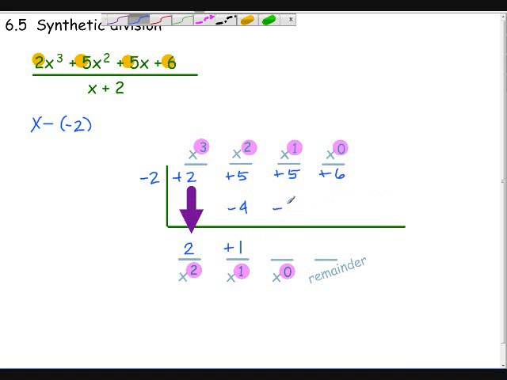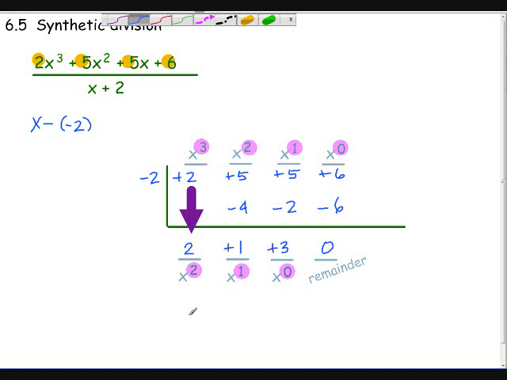multiply, add, multiply. Ooh, another one that I like so well, a remainder of 0.